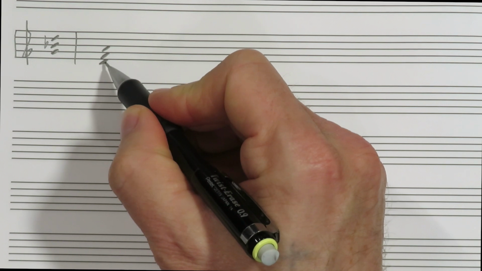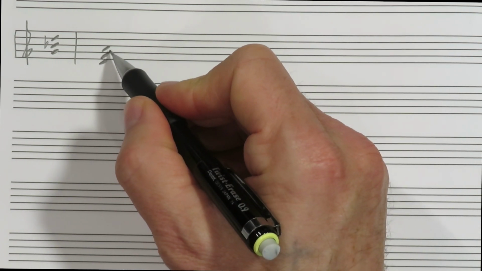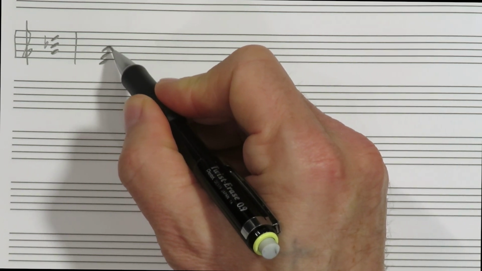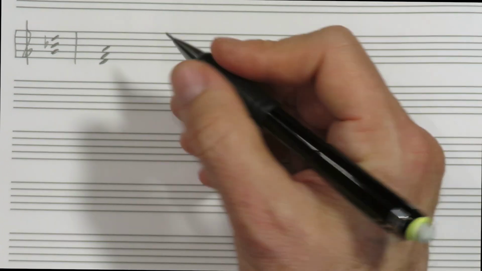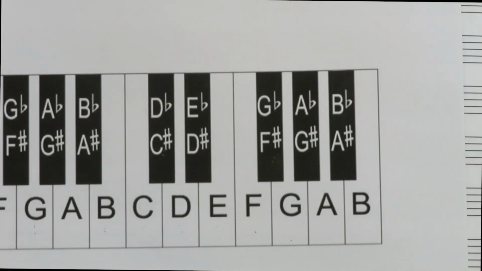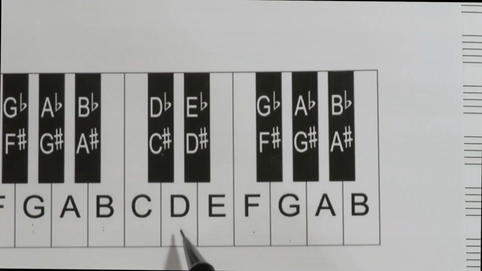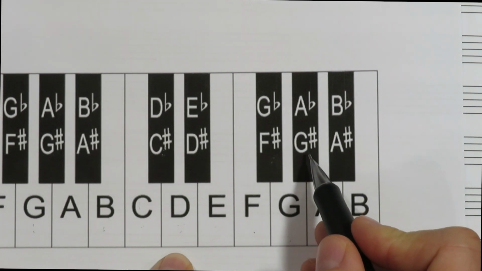So we have a minor third, D to F. Now to make it diminished, we need another minor third. This is already a perfect fifth, D to A, right? So we would lower that to A flat. All right, so we have D, 1, 2, 3 to F, and then 1, 2, 3 half steps to A flat, right?